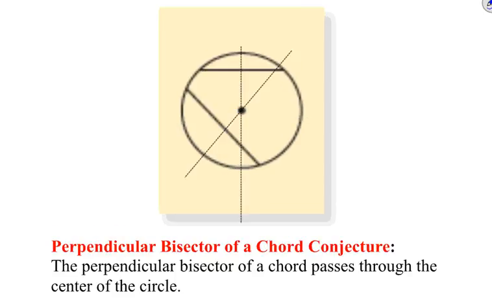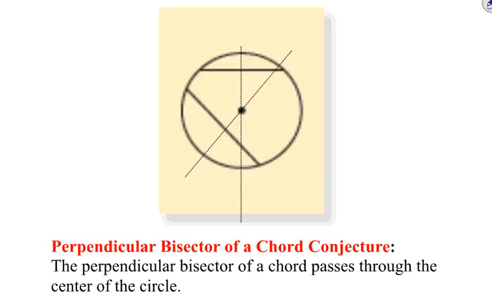And our last one, the perpendicular bisector of a chord conjecture. It states that the perpendicular bisector of a chord passes through the center of the circle. So in this picture, we have two chords, and we've drawn in the perpendicular bisector of each chord, and you can see the point where they intersect is the center of the circle.